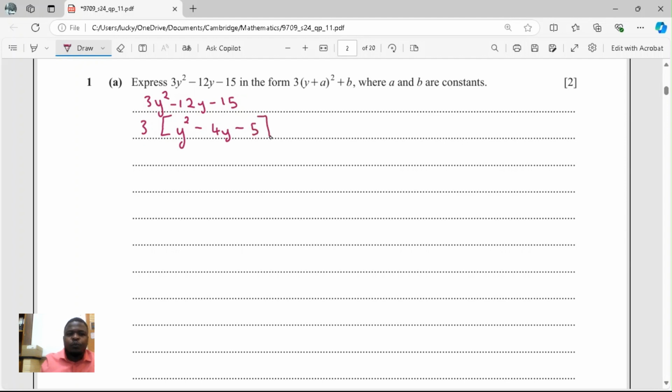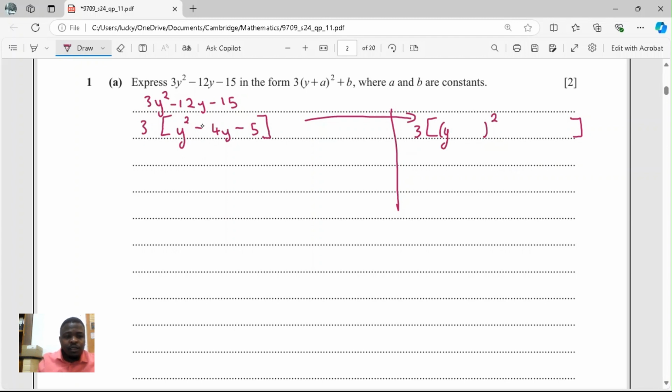Perfect. So let's look into the shortcut version of this towards the right hand side. I appreciate there's a 3 that I've factored out. What I am going to do is open my bracket like that and take this y, put it right there. This is the shortcut version.